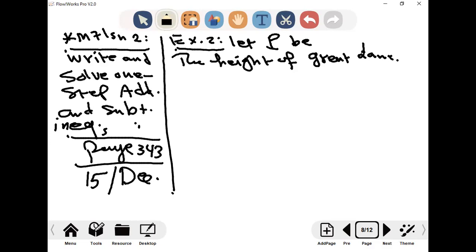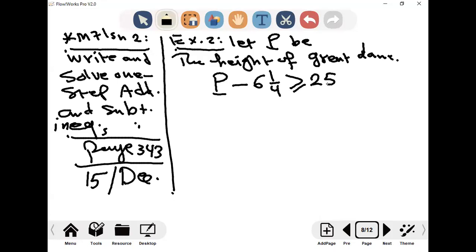The difference in heights is how much? At least means more than or equal. Right? Yalla, the difference in height means P. Difference means add or subtract? Subtract. Difference. Right? P minus the second dog, which is how much? 6 and 1/4 should be at least, more than or equal.